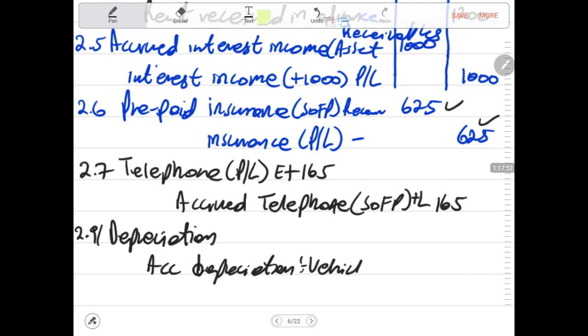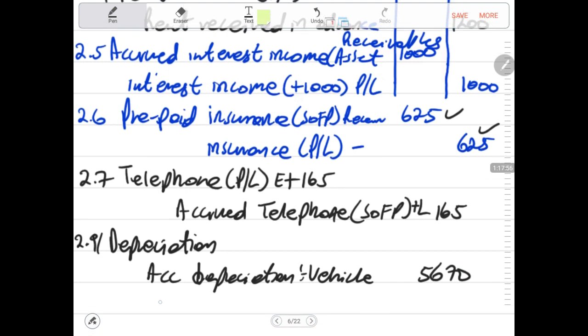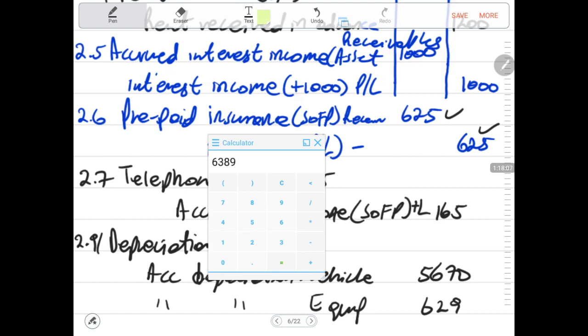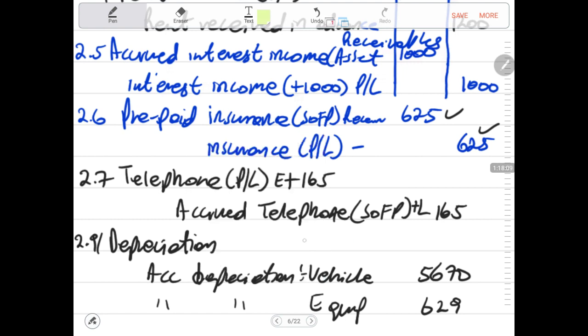Specifically on vehicles, 5,670, and accumulated depreciation specifically on equipment, 629, and this is 6,389. The 6,389 is the total of the depreciation.